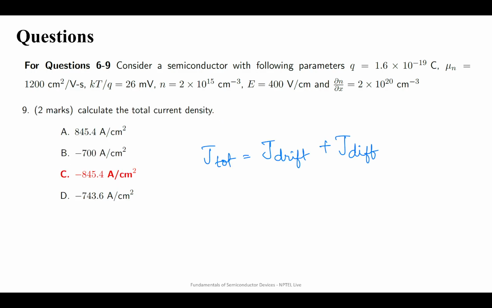That is correct. It will be minus 845.4 ampere per centimeter square. So total current is drift current plus diffusion current. Your drift current is 150, your diffusion current is minus 998. So you add them and you will get minus 845.